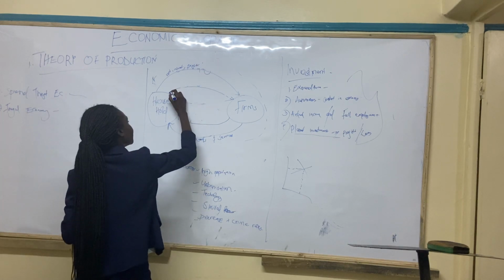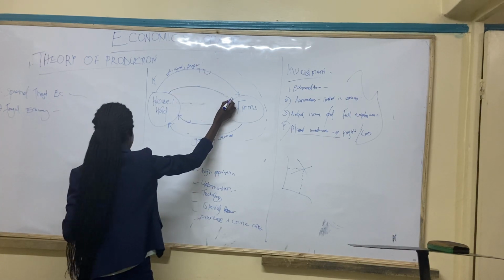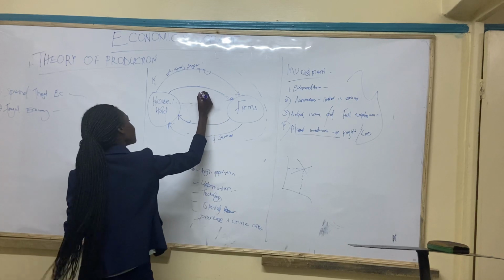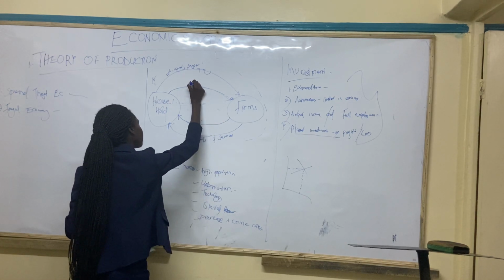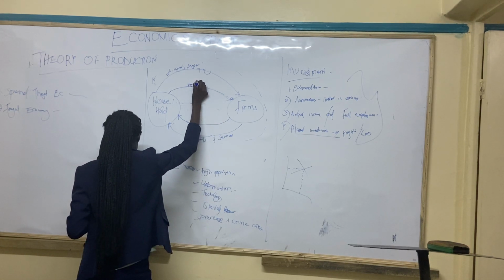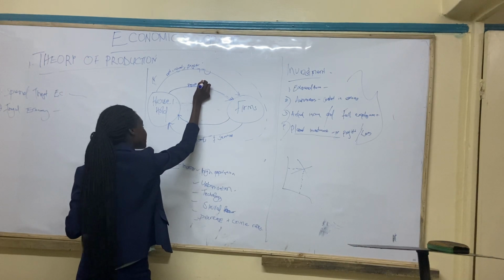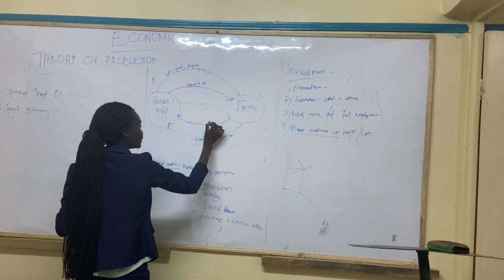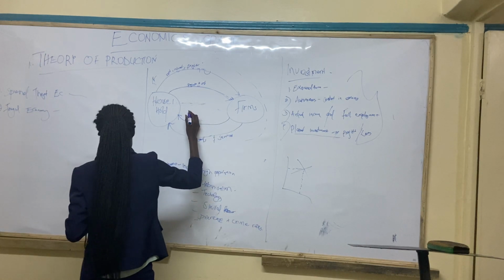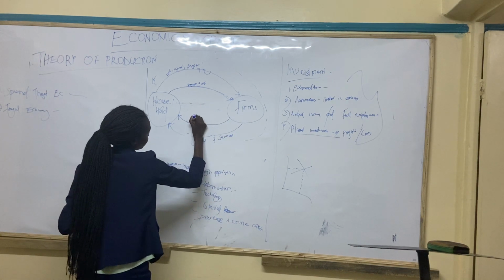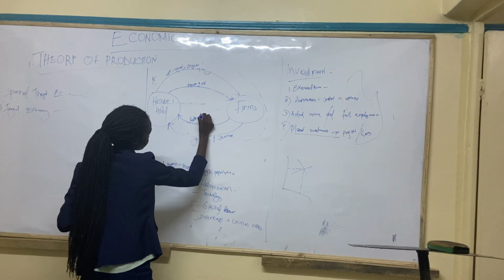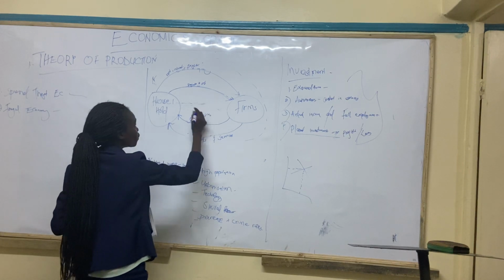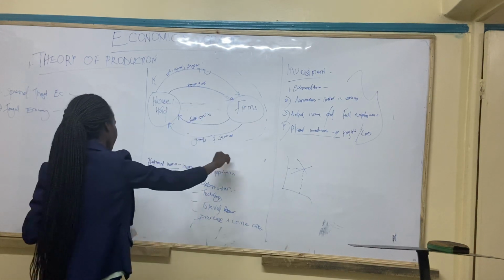When households pay for goods and services, the services are being produced. So these are factor services.